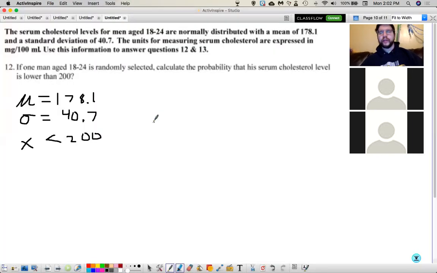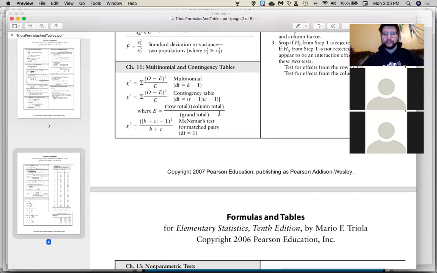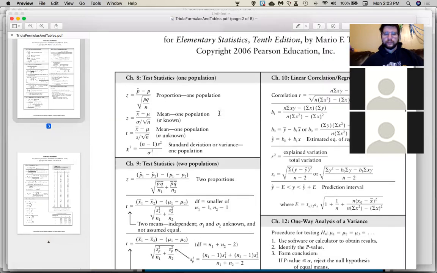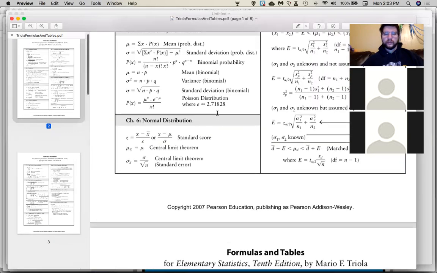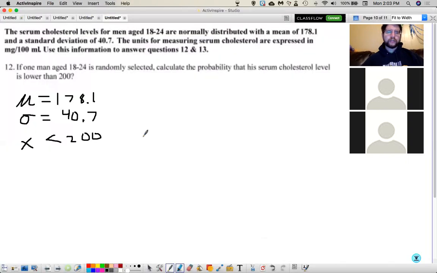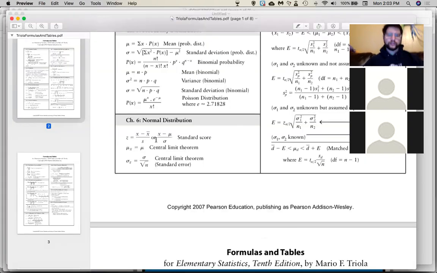Okay, what kind of distribution do we have? A normally distributed one, so it's a normal distribution. We're looking up here. Oh, hey, look, chapter 6, normal distribution. So it gives us this to convert our scores.